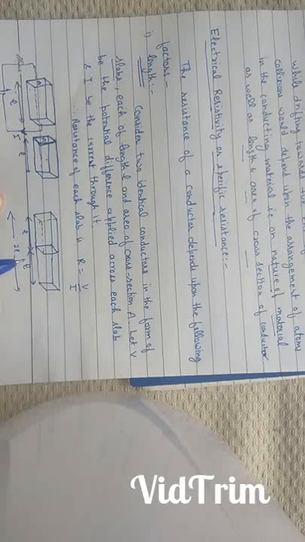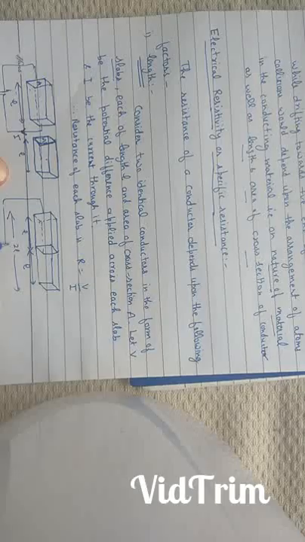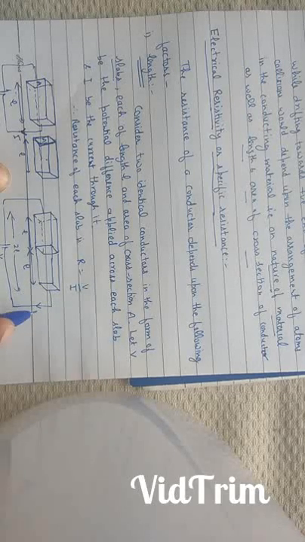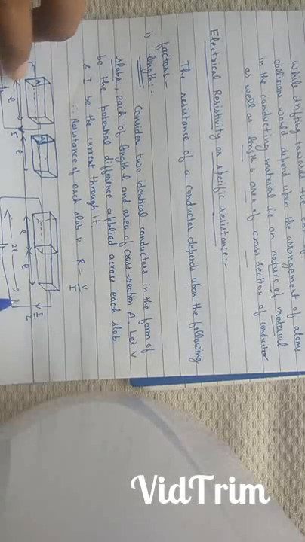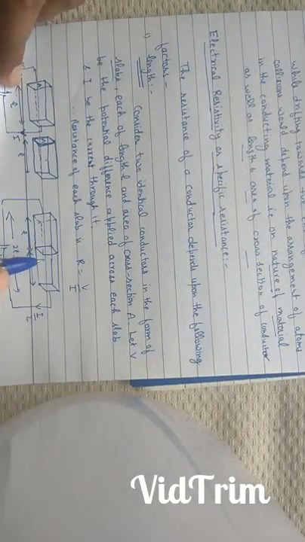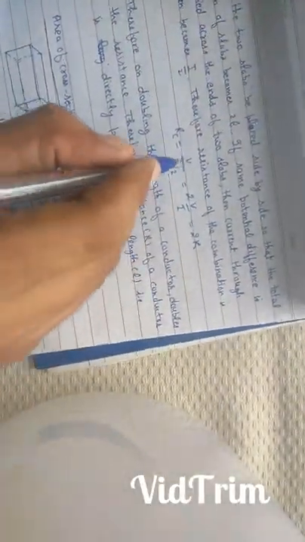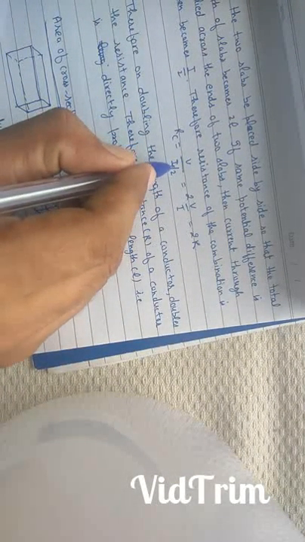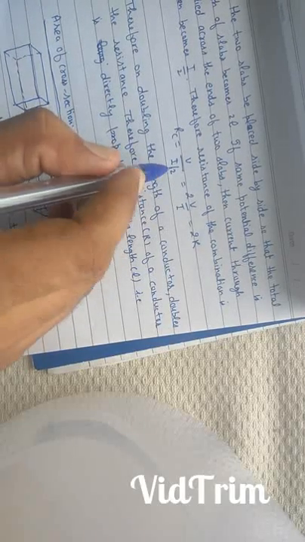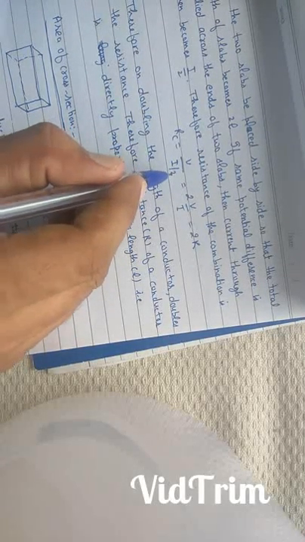If the same potential difference V is applied across the ends of the combination, then it is found that the current flowing through the combination is I upon 2. Therefore, resistance of this combination will be R' equals V divided by I upon 2, because current through the combination was I upon 2.